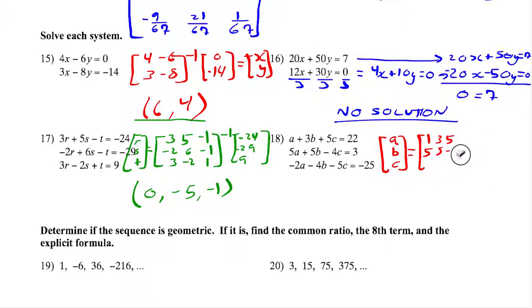I was so happy about writing a 4 correctly for the last problem. -4, -2, -4, -5. Take the inverse of that and multiply that by the matrix of constants. So 22, 3, -25. It's painful to be saying some number and trying to write another number.